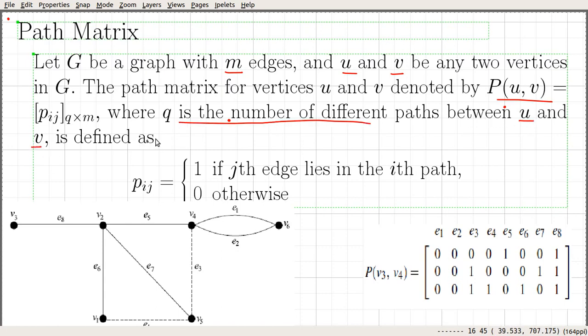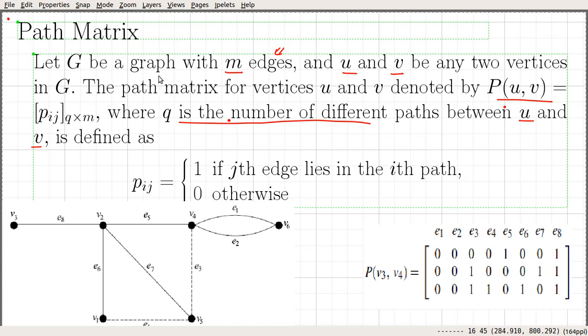It is defined as follows: p of ij equal to 1 if the jth edge lies in the ith path and equal to 0 otherwise. So it is going to be a q by m matrix, where m is the number of edges and q is the number of different paths between u and v.